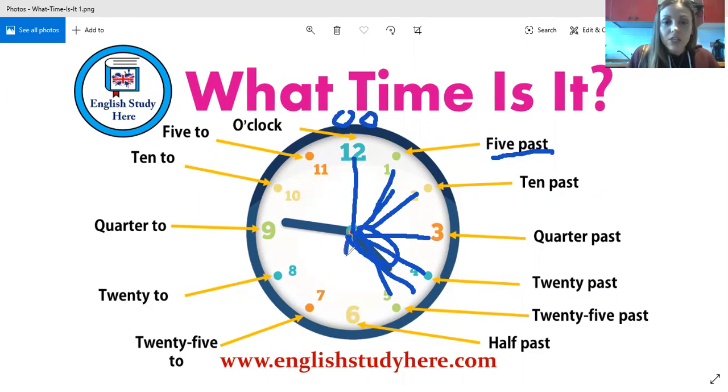If you see it here, in the middle, it is half past 12. If you see the little line here, it is 25 to. In this case, we can say 25 to 1 because the hour 12 is finishing.